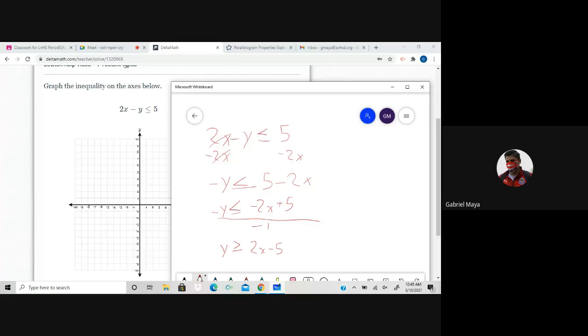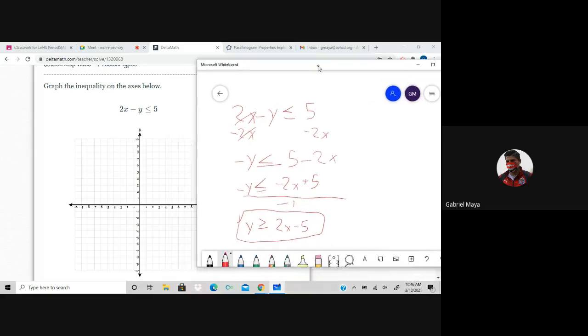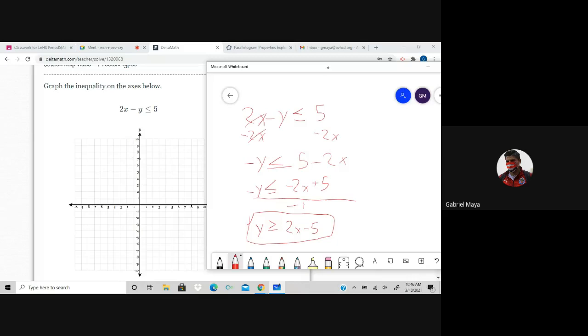So this is our equation. This is what our equation looks like in slope-intercept form. Okay. So y is greater than or equal to 2x minus 5. So let's go ahead and find our y-intercept. What's our y-intercept? Negative 5. And our slope is 2.